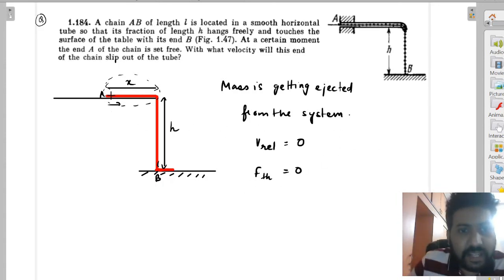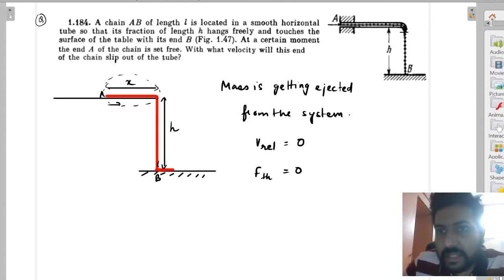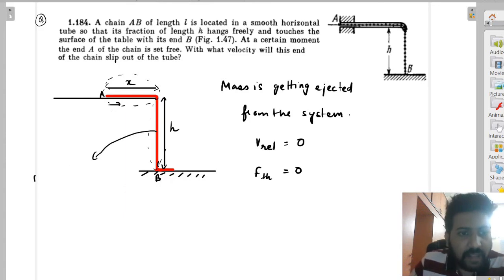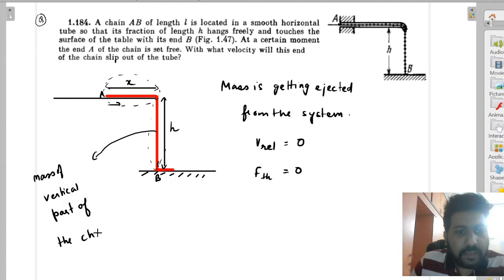Now at any instant when this is x, you know that this vertical length will remain constant. So this vertical length of the chain will apply the gravitational pull. The mass of the vertical part of the chain is equal to m by L multiplied by h.